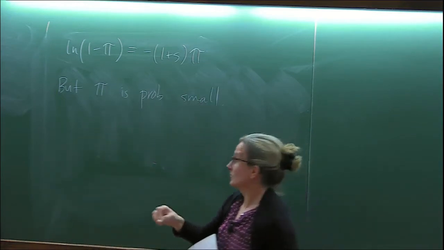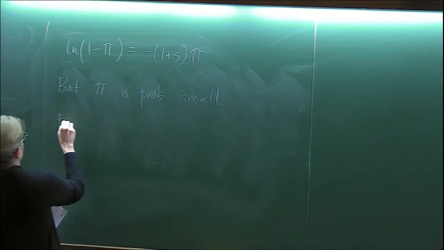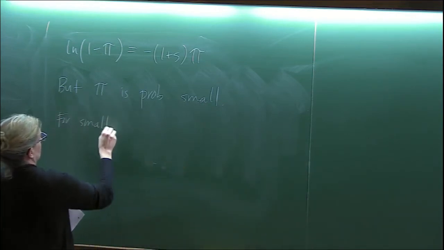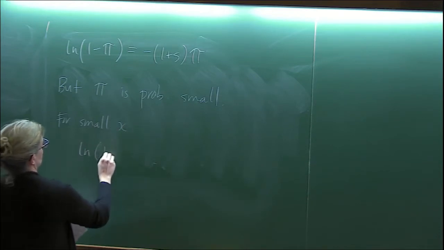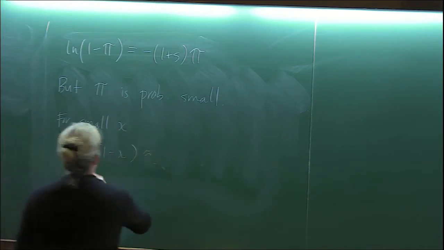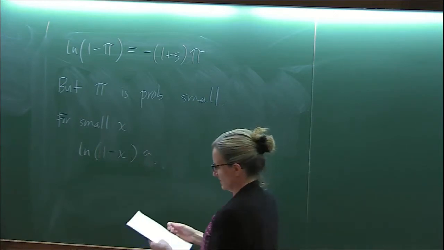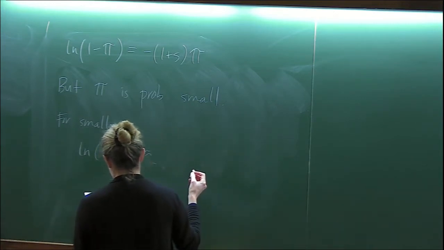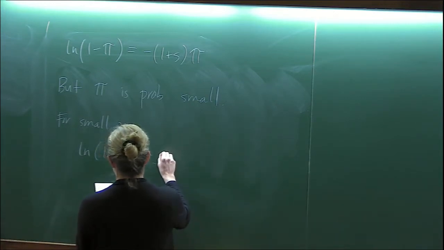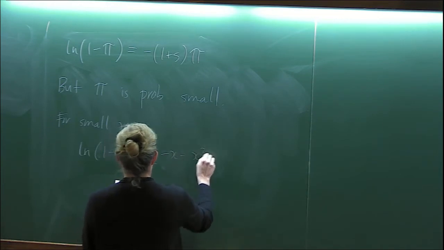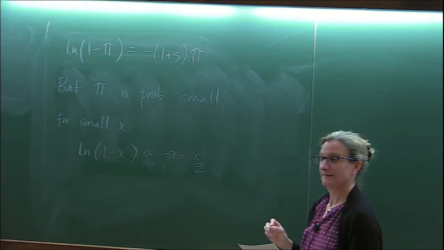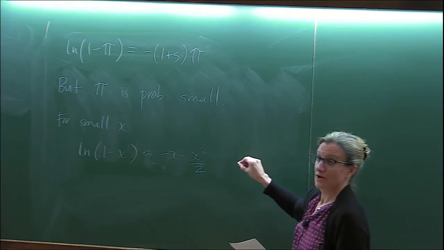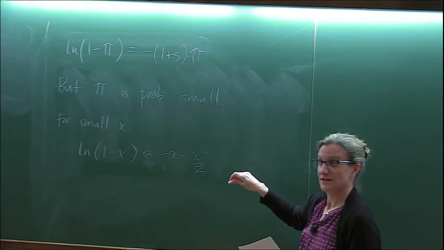So for small numbers, we can use Taylor series ln 1 minus x, which I don't expect you all know, but you could do it. And it is negative x minus x squared over 2 minus higher order terms, in fact.